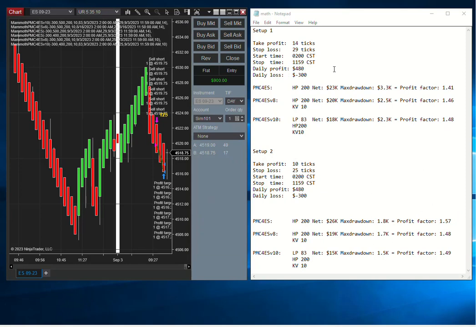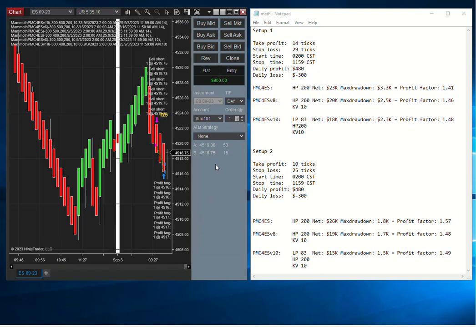I can't load all these different contracts on this chart because it's not loadable on NinjaTrader, but it gives you the idea. I basically had it written down for the first setup, which is the larger profit and larger stop, versus setup two, which is the original 10 and 25.